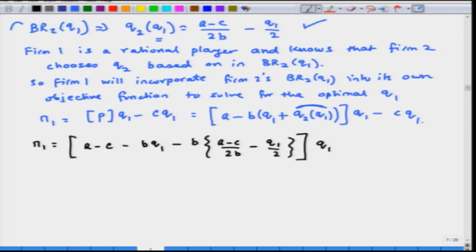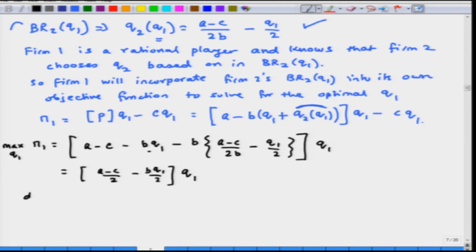Now, if I simplify this, the B gets cancelled from this term. So, I have an A minus C and an A minus C over 2. So, that is going to give me an A minus C over 2, and then I have a minus BQ1 and then a plus BQ1 by 2, that is going to give me a minus BQ1 by 2, times Q1, and firm 1 is going to choose the optimal Q1. So, the firm 1 is going to maximize this profit by choosing its output Q1.